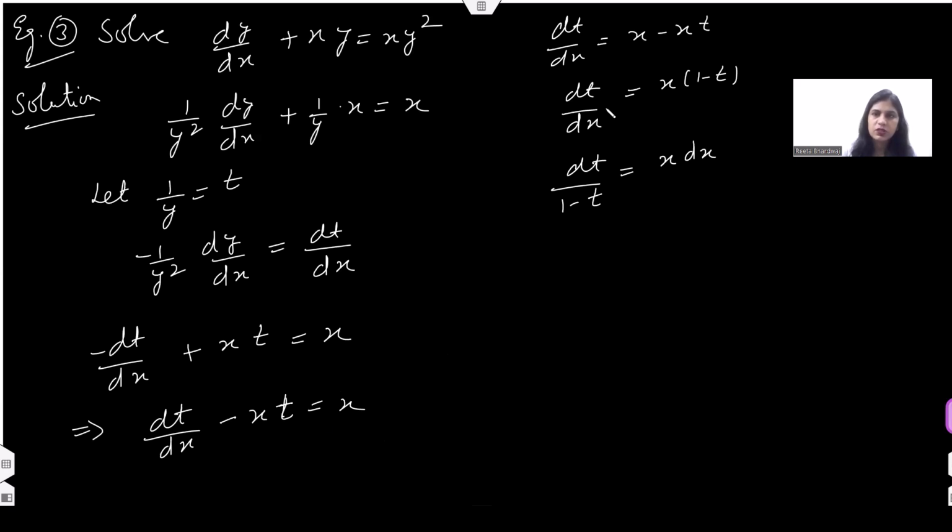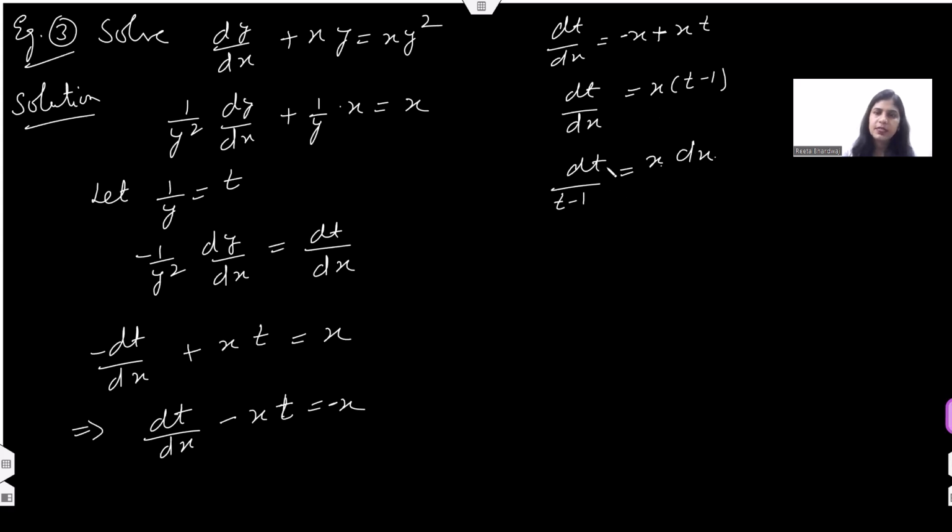Removing the negative sign, it would be x times t minus 1. So rather than 1 minus t, this is t minus 1, and here it is x dx.